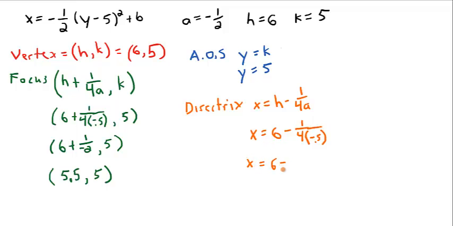So 6 minus 1 over 4 times a negative 1/2 is going to be negative 2. And then if we take 6 and subtract a negative 1/2, it's actually like taking 6 and adding 1/2. So that's going to be 6.5. And there's our directrix. So we could use all this information to graph.